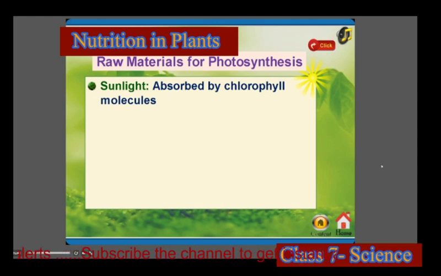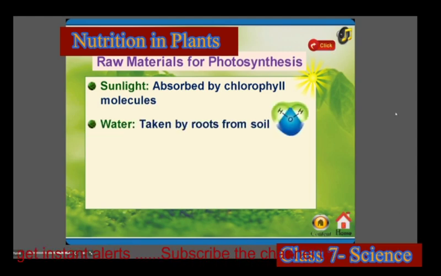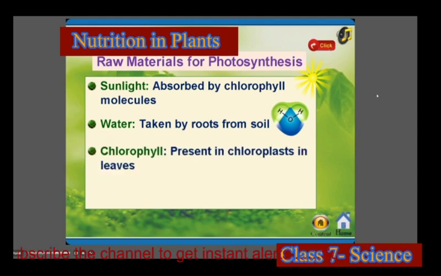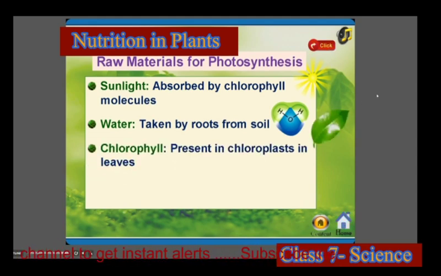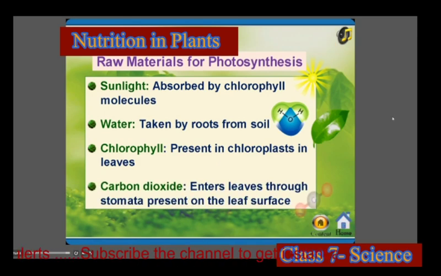Sunlight. It is absorbed by chlorophyll molecules. Water. It is taken by roots from soil. Chlorophyll. It is present in chloroplasts in leaves. Carbon dioxide. It enters leaves through stomata present on the leaf surface.